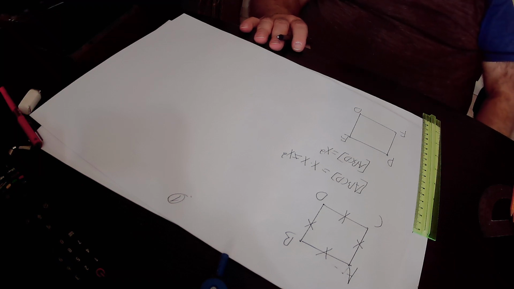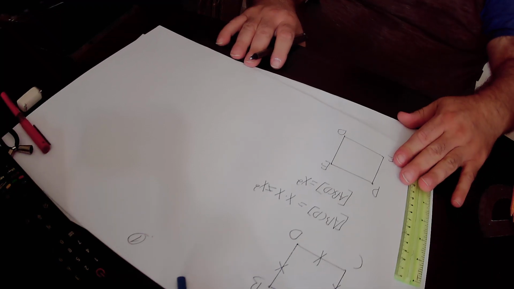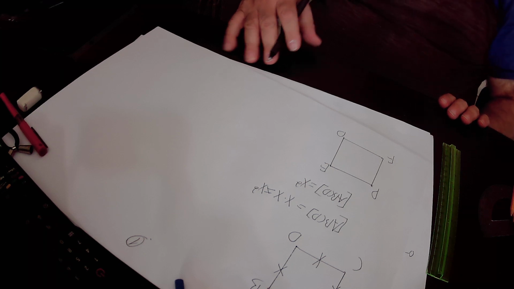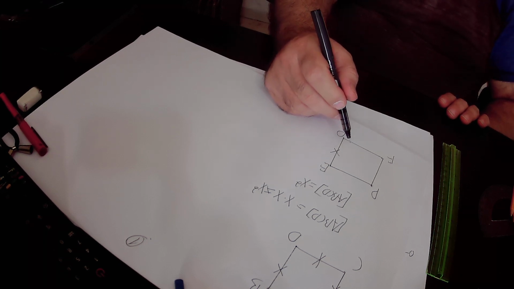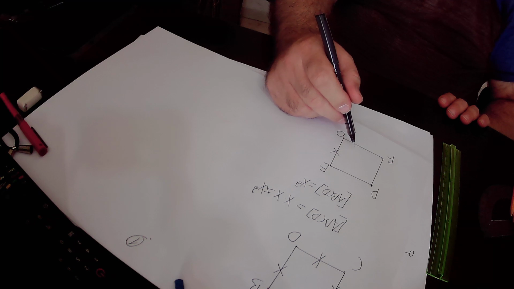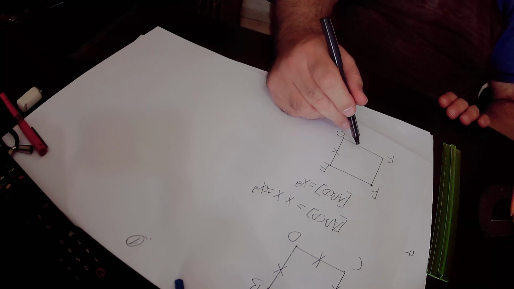We will define the length of one side of this square as x. Therefore, all the other sides will also have length x.